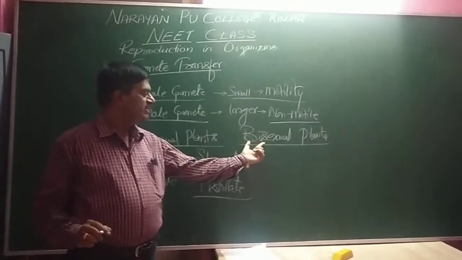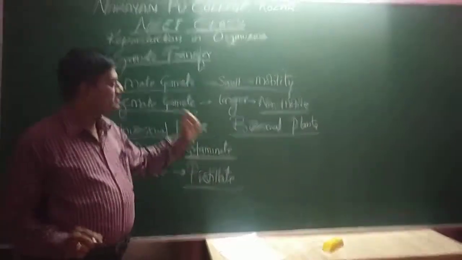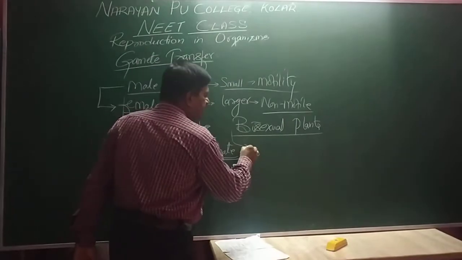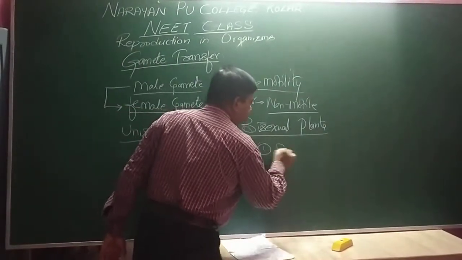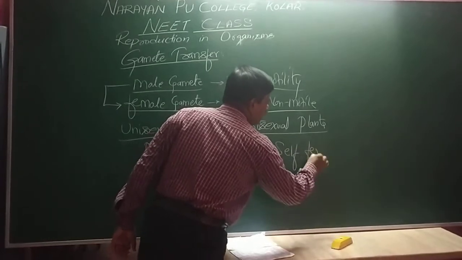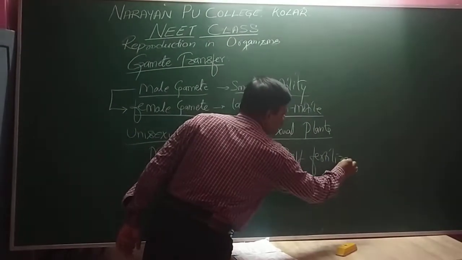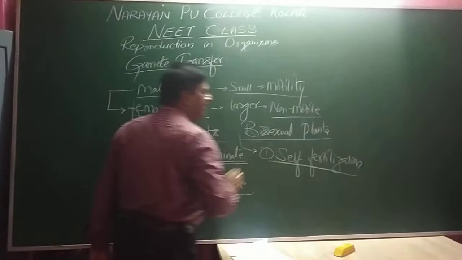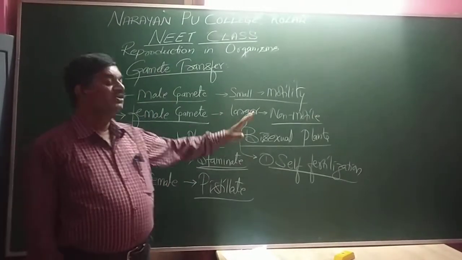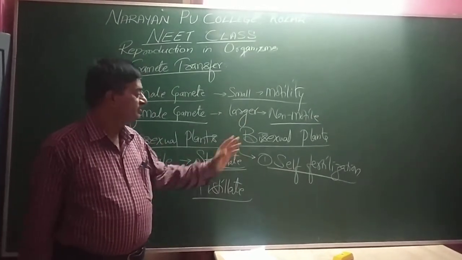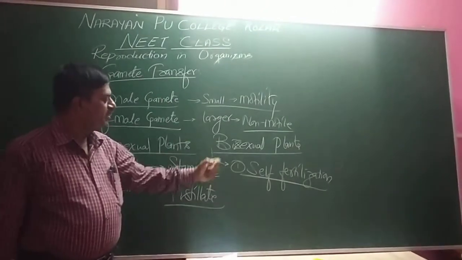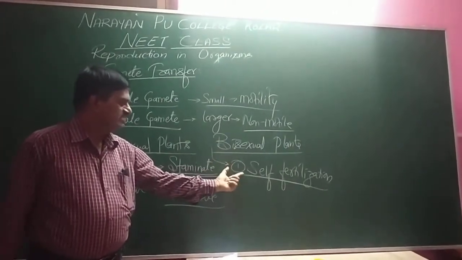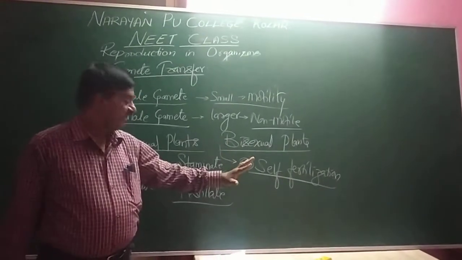Both are present in the same flower. They are called bisexual. Normally, in a bisexual, they help in self-fertilization. That is nothing but the same pollen grains falling on the same stigma to give rise to fertilization. So this is called self-fertilization.